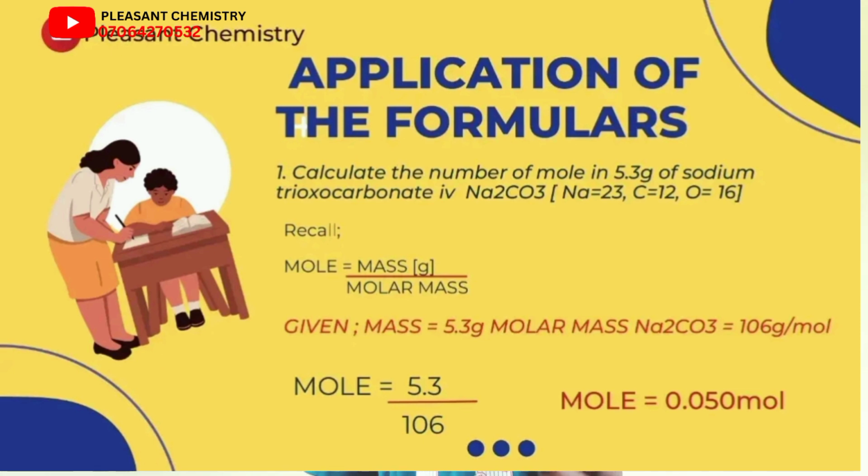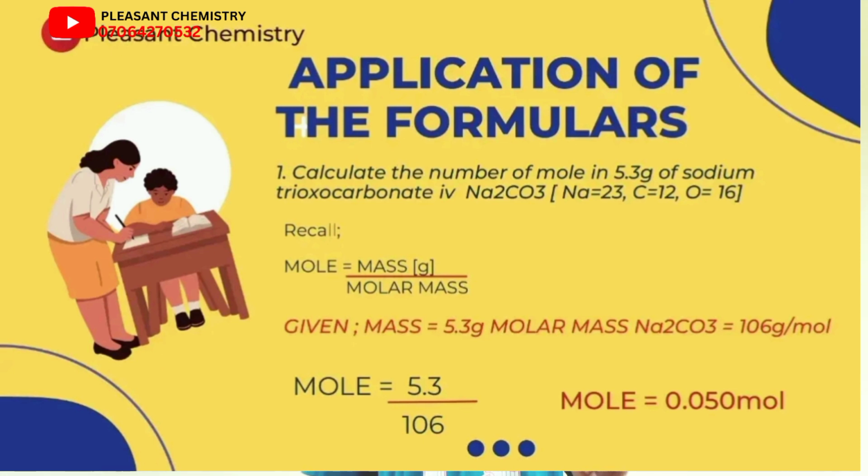And because you are given mass, remember that I said mole is equal to mass over molar mass. So the compound sodium carbonate, Na2CO3, is what we are going to calculate its molar mass. According to the formula, sodium atom is 2, carbon atom is 1, and oxygen atom is 3.